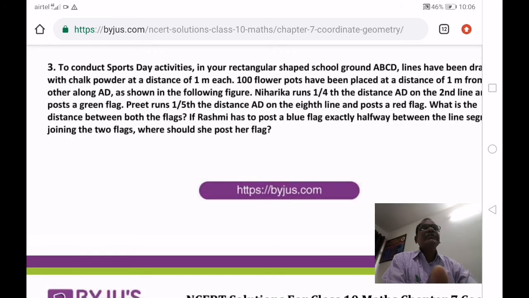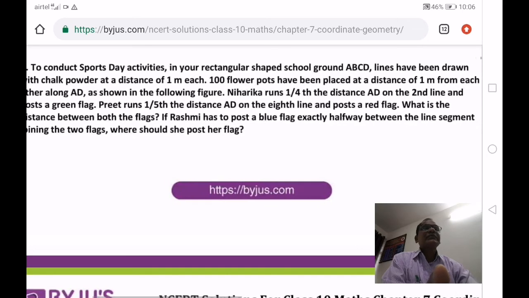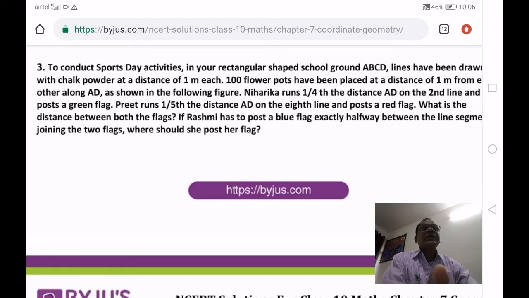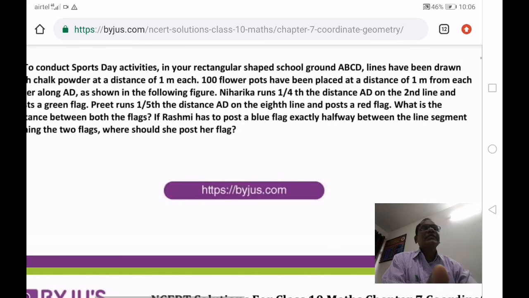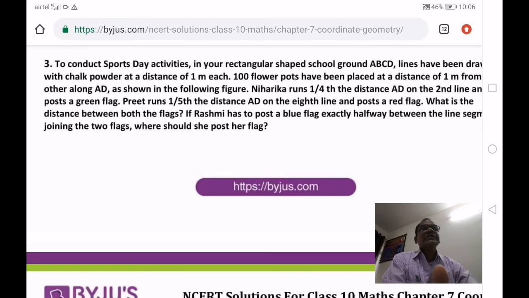Preet runs 1/5 of the distance AD on the 8th line and posts a red flag. What is the distance between both the flags? We have to use the distance formula. One more thing: Rashmi has to post a blue flag exactly halfway between the line segment joining the two flags. Where should she post her flag?